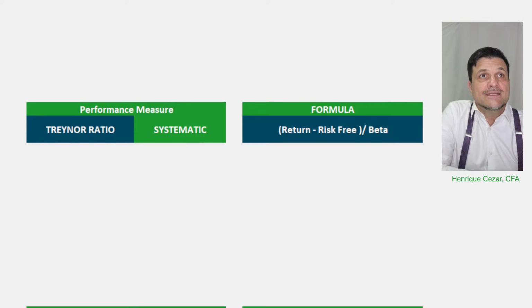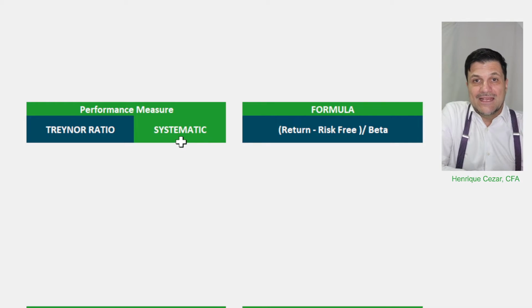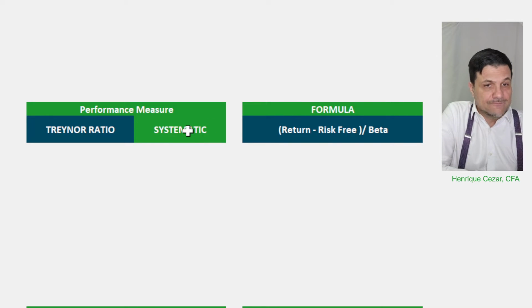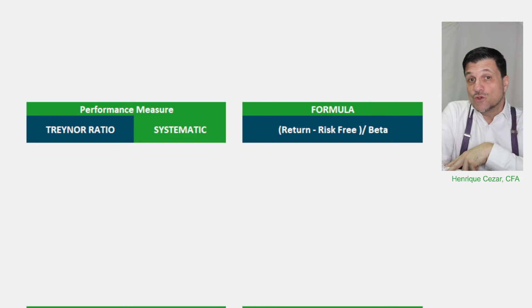All right, let's go for the second one, friends. The Treynor ratio, right? The Treynor ratio is a measurement of systematic risk. So this is a performance measure for portfolio managers that adopt a diversification approach. Well, if it's a diversified portfolio, then systematic risk would be a better way to measure the risk, not total risk, but systematic only.